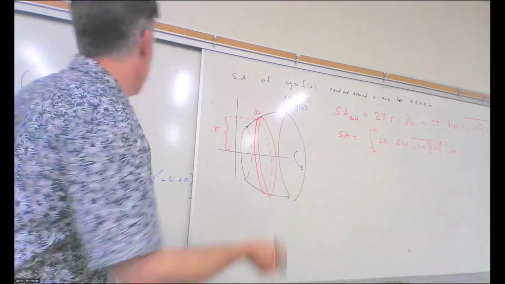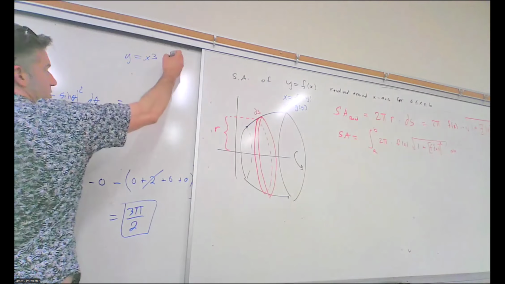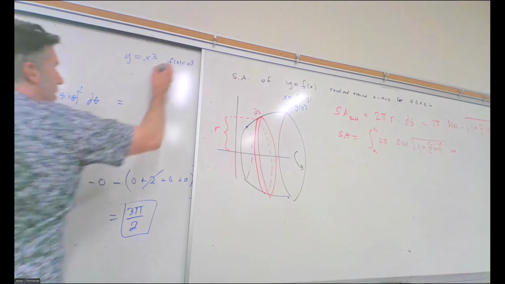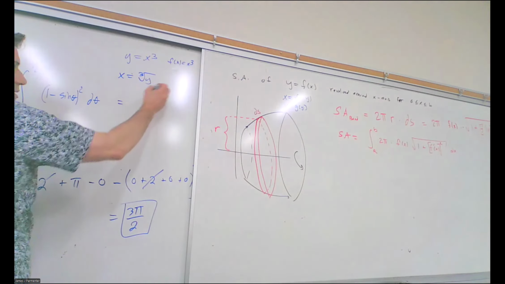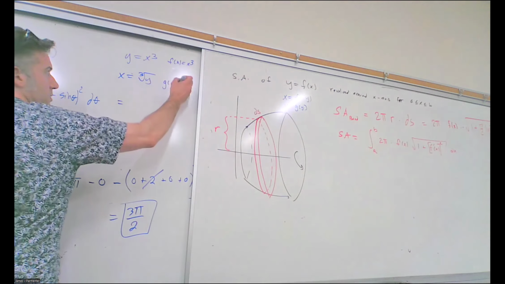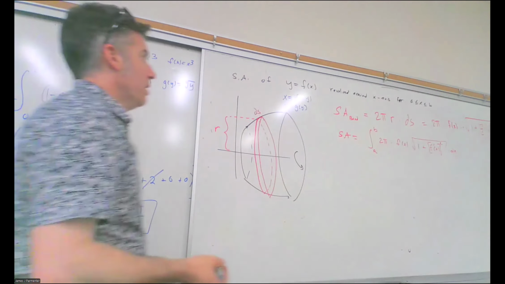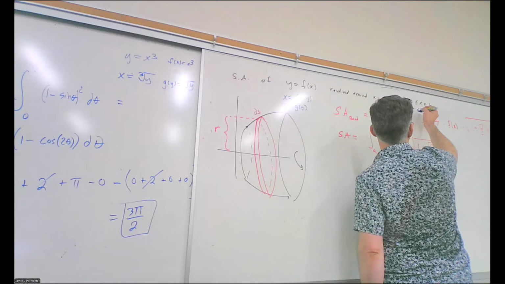It's like we would say maybe y equals x to the third. Then if we solve for x, we get x equal to the cube root of y, so we would just say g of y equals the cube root of y. And let's say the y limits would be some c to d.